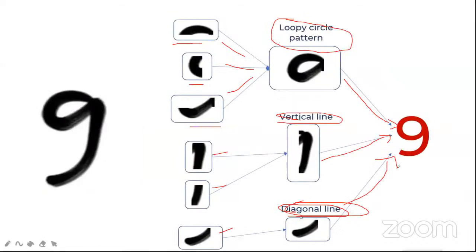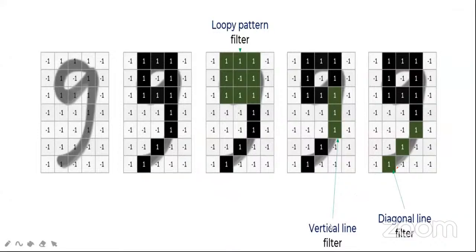The next one: here you can see, suppose I give a new input, this image. How will the convolution neural network work? Based on this, there is a loopy pattern, then a vertical line filter, and then a diagonal line filter.